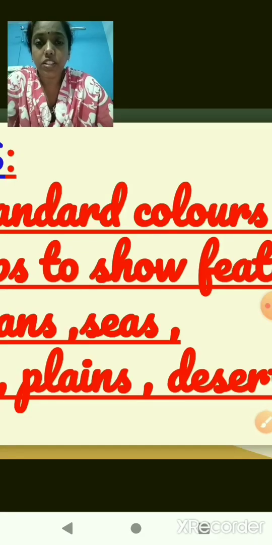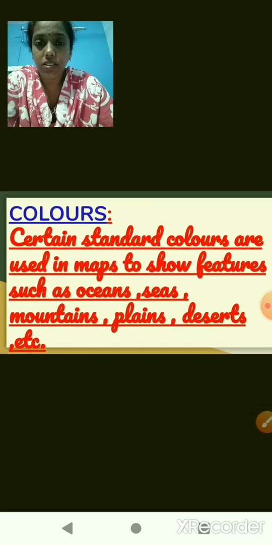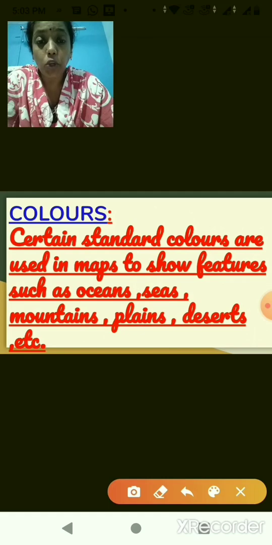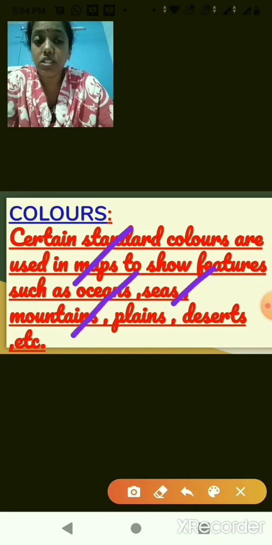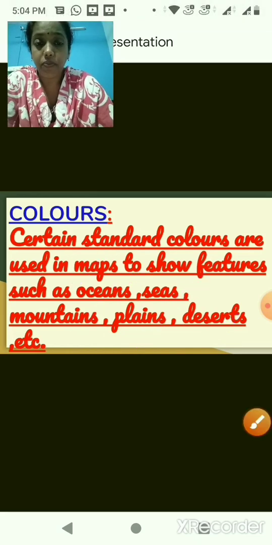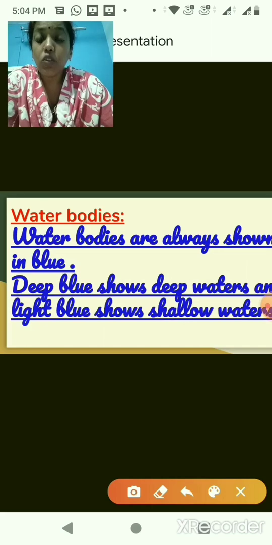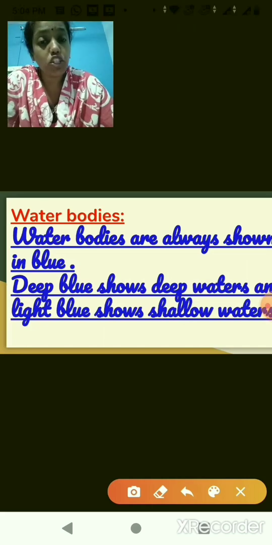We even studied about colors. Certain standard colors are used in maps to show features such as oceans, seas, mountains, plains, deserts, etc. Water bodies are always shown in which color, children?